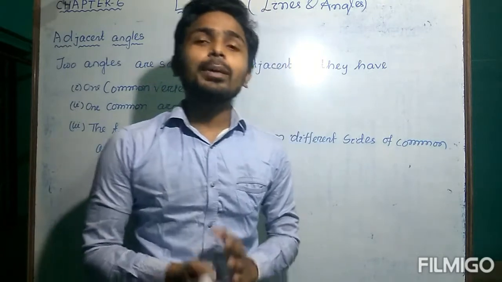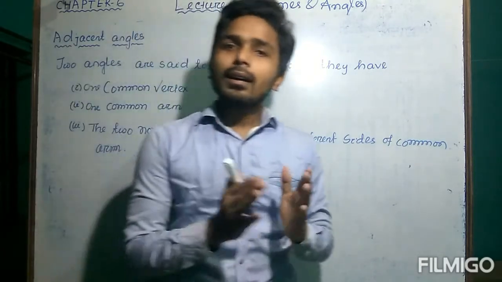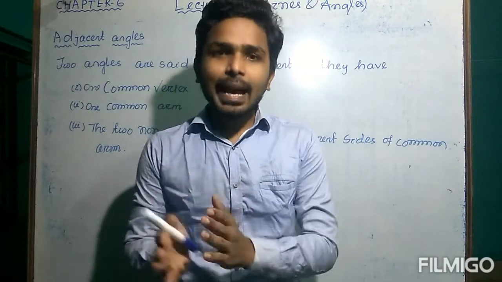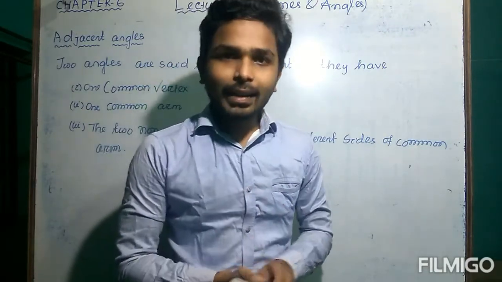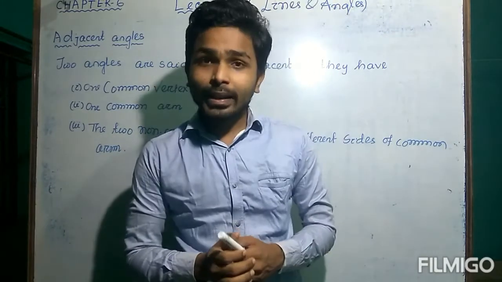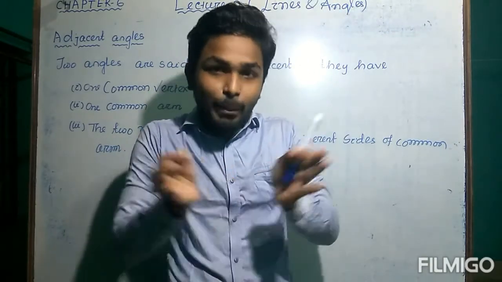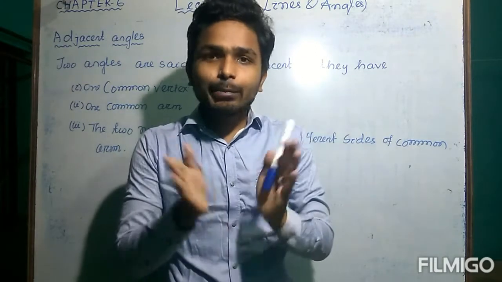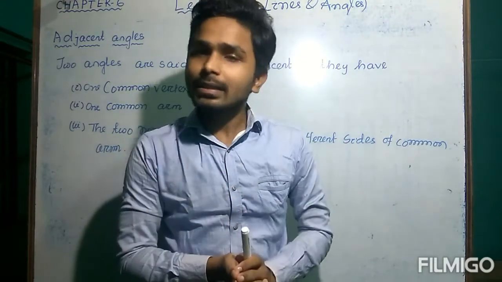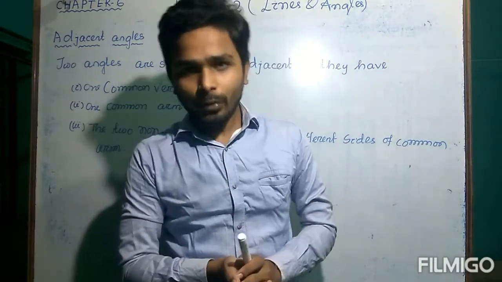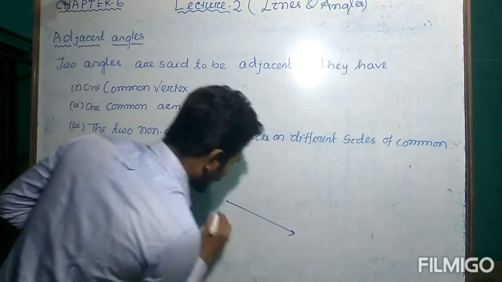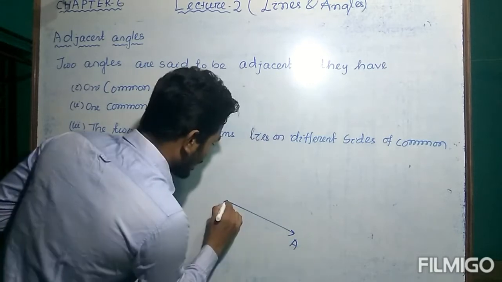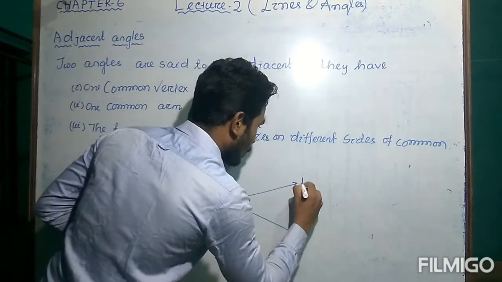In lecture number 1, we discussed the concepts of straight lines, ray, line segment, as well as angles. We discussed that an angle is formed when two rays start from a single point. Here there is a ray OA and another ray OB.